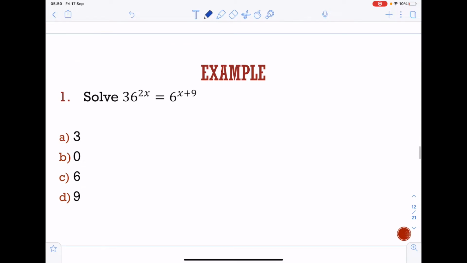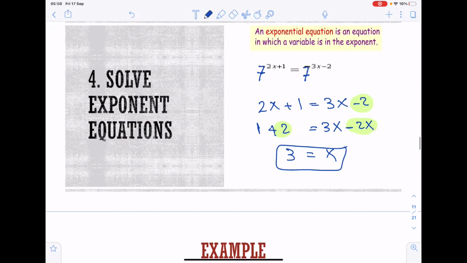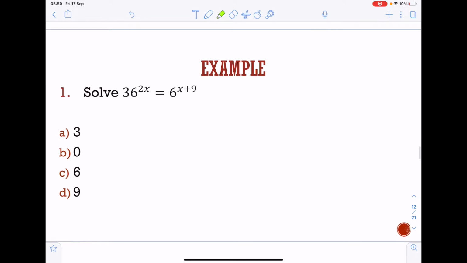Now solve this one. Sometimes it's not directly given that the base of the first side equals the base of the second side, but you can make it so by using the powers. You have to think of a relation between 36 and 6. You already know that 36 equals 6 to the power 2.